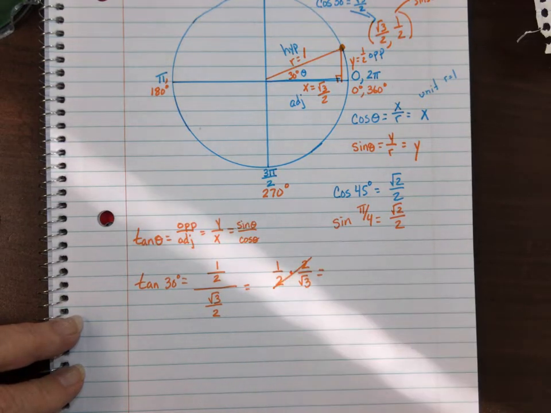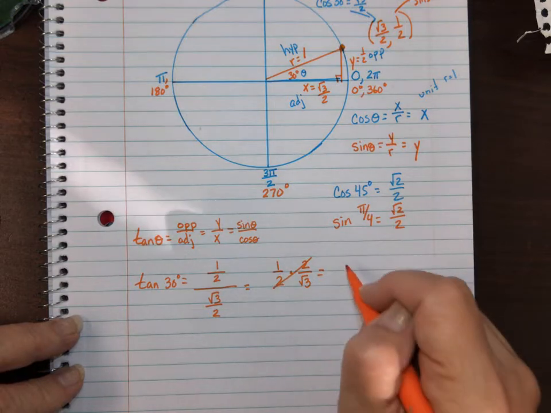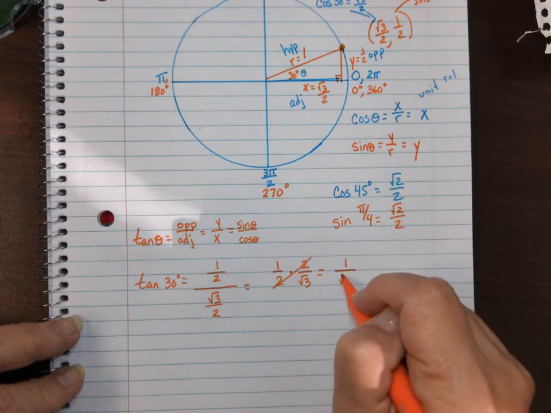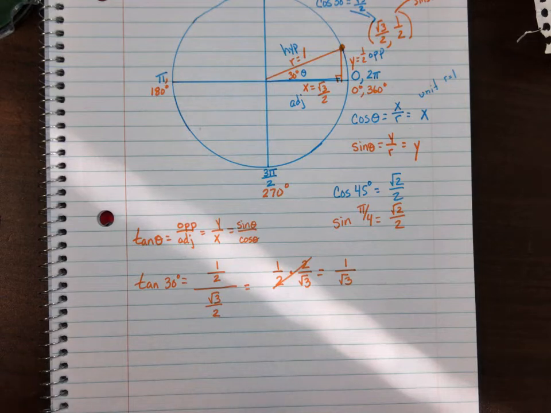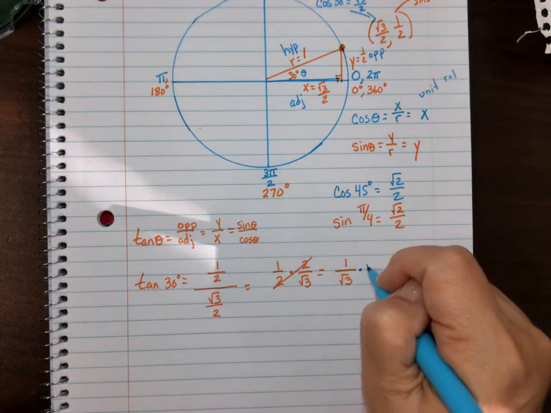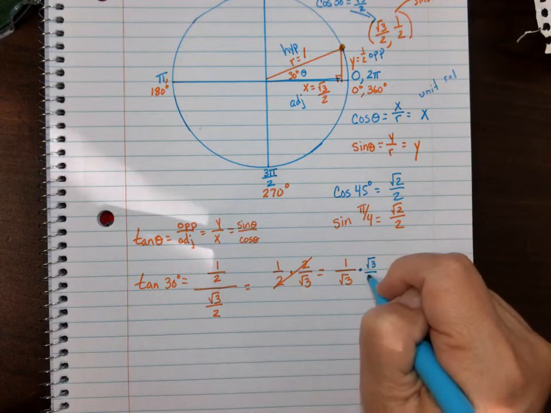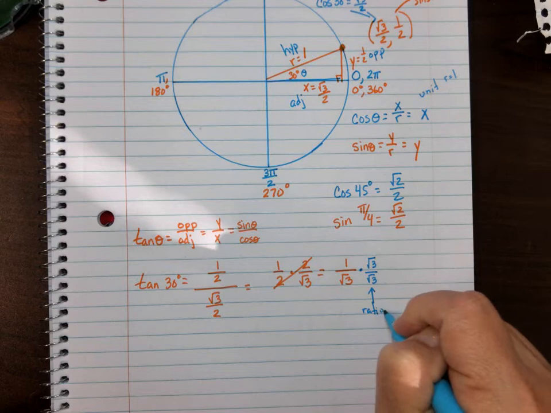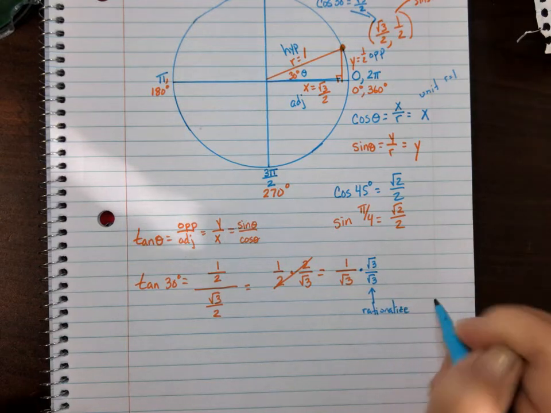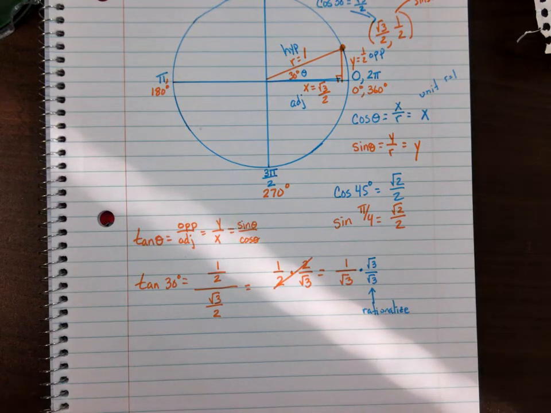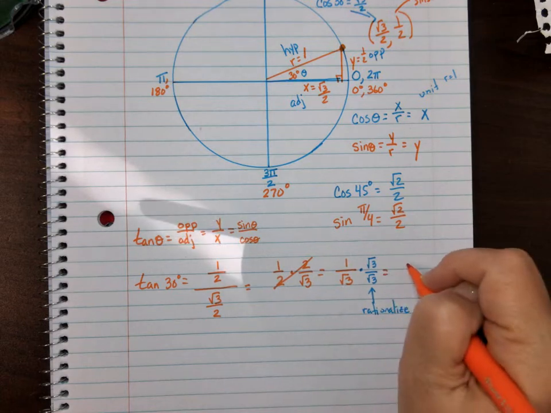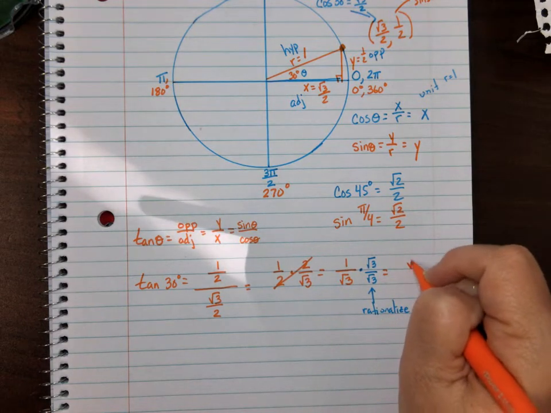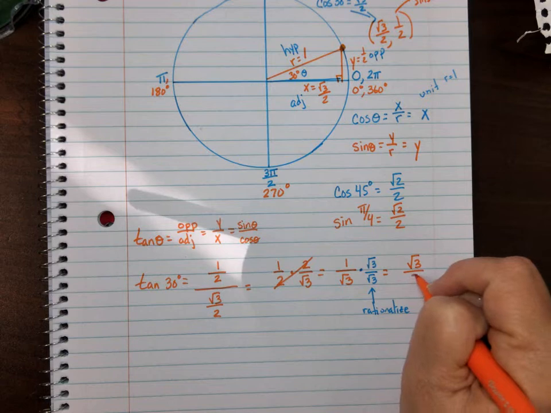Simplify your fraction: 2 divided by 2 is 1. It's 1 over the square root of 3. But, oh, we have to rationalize the denominator. We don't want an irrational number in the denominator. So here, we're going to rationalize. And so tangent of 30 degrees is going to be square root of 3 over 3.